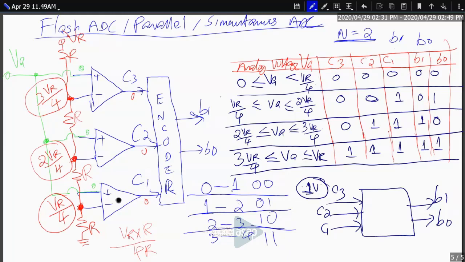We only need to consider one comparator delay plus the delay of the encoder network, which are very small, so the output will be produced immediately. That is why it is called a simultaneous ADC, or parallel ADC, or beautifully, flash ADC. Within almost zero time, the output will be produced like this.